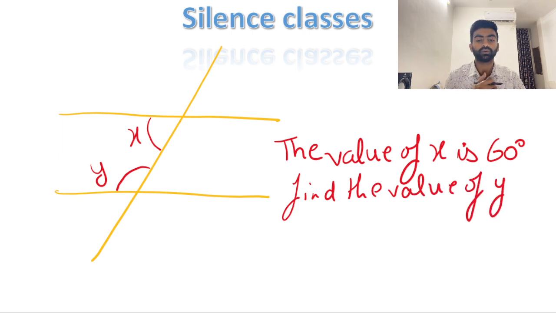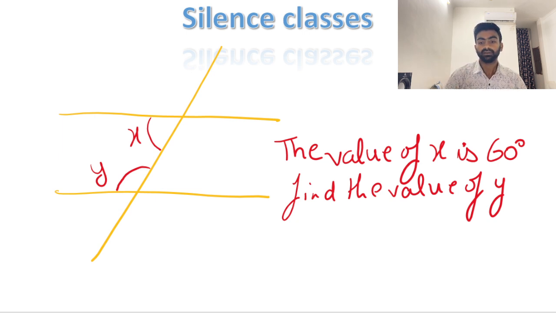What do we have to do? We know that these two angles are co-interior angles. Very good. Do remember the name because we have to write it down. The sum of co-interior angle is this. We have to write the statement while solving the question, so please don't forget the name.